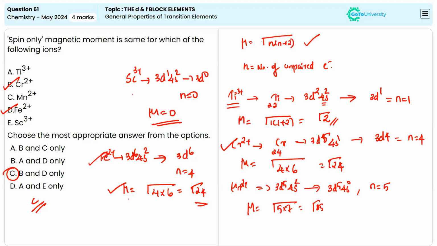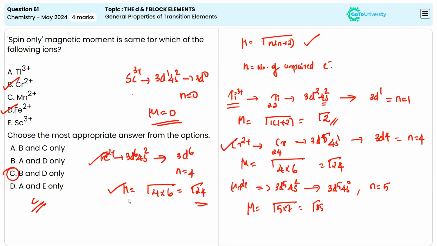Calculate all these values, then only you will get the answer. You have to check each and every ion given here, then only you can find out which of them have the same values. So write down everything.